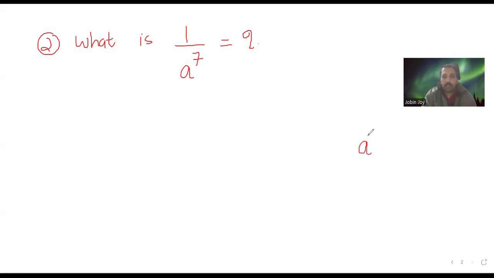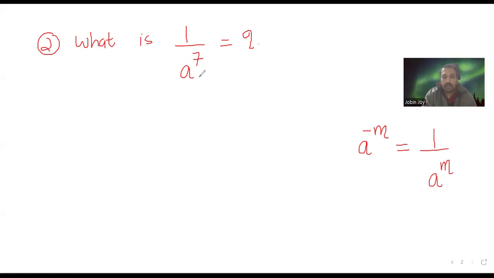Second question. What is 1 by a raised to 7? This one again we will apply this a raised to minus m equal to 1 by a raised to m.